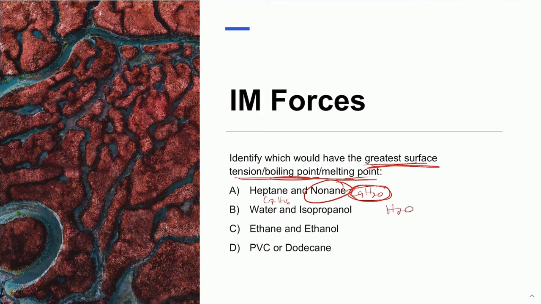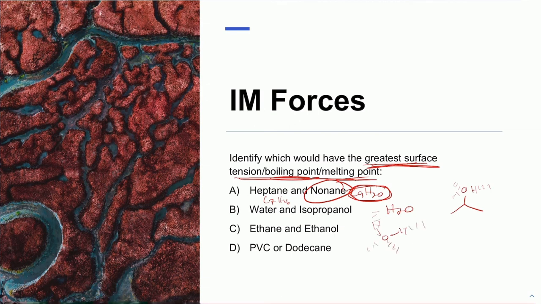Water versus isopropanol. We talked about water here, and then isopropanol looks like this. Okay. Again, back to that example of hydrogen bonding. This only has 2 or 3 sites of hydrogen bonding on it, whereas water has 4 sites of hydrogen bonding. It's got one right here, one right here, one right there, and one right there.